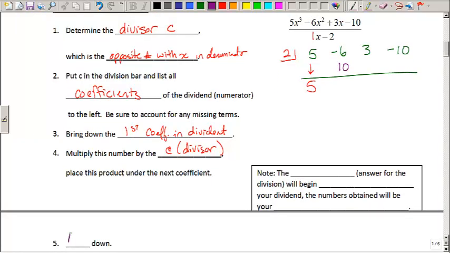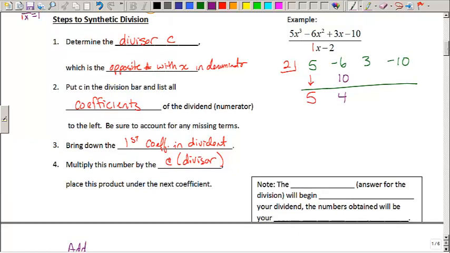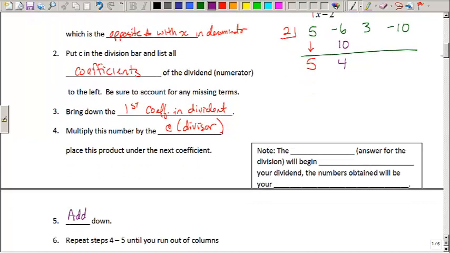Step 5 says to add down. So when I add down, I get 4. And then the last step says repeat steps 4 and 5 until you run out of columns. So I'm going to multiply 4 times 2 again to get 8. I put it in the next column over underneath the next coefficient. Add down, get 11.